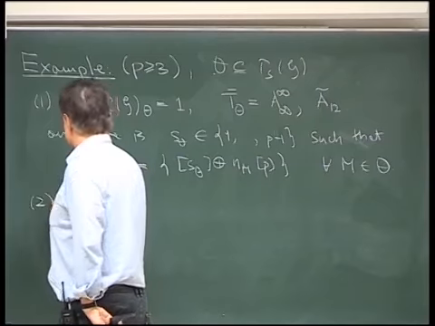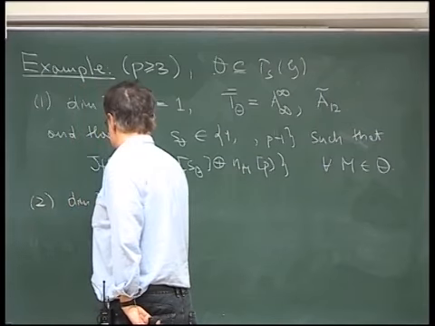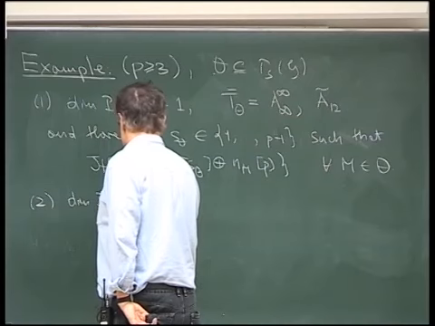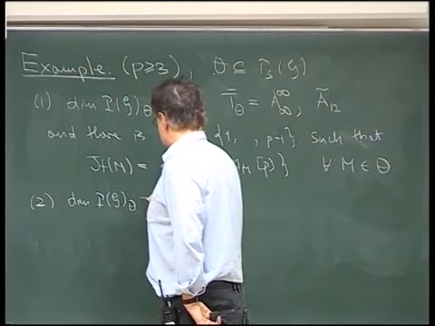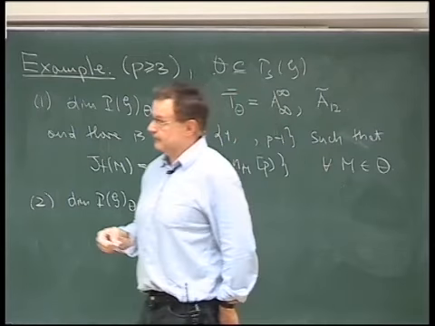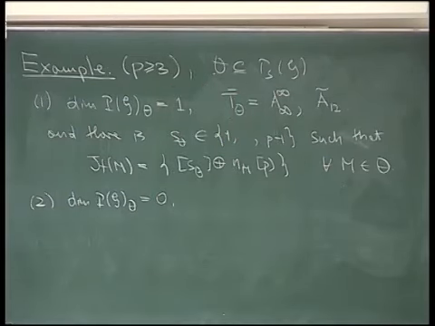And so the second possibility is that the dimension here is 0. Then you remember that means that the modules all have complexity 1, which means that they are periodic.